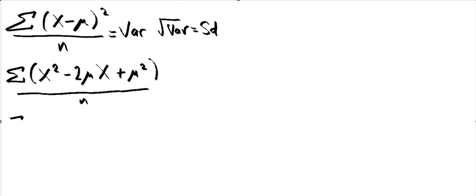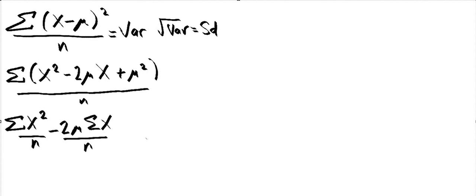So that means now I don't need the brackets. So I've got the sum of my values squared divided by n minus 2 times the mean times the sum of my values, all divided by n.